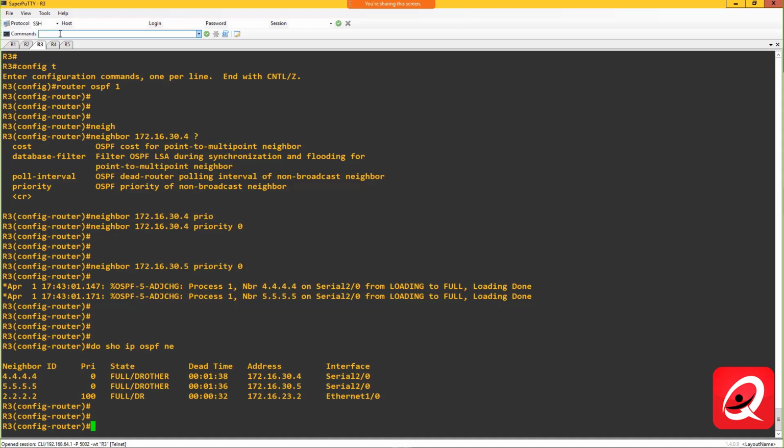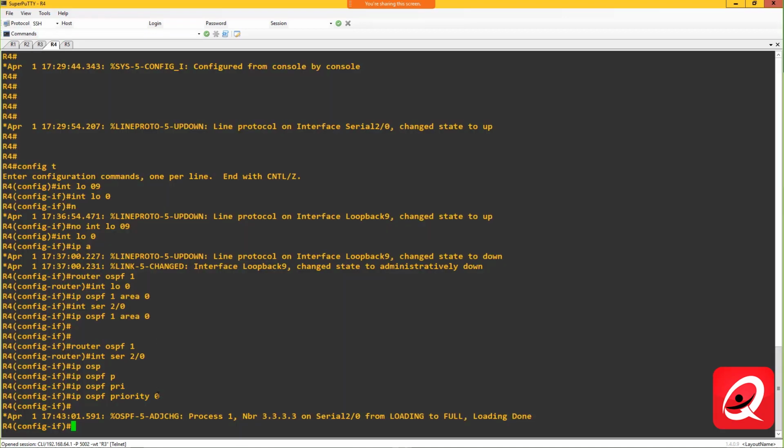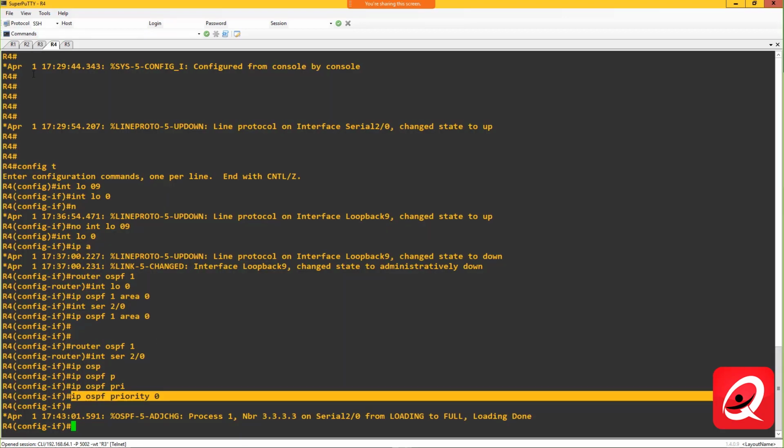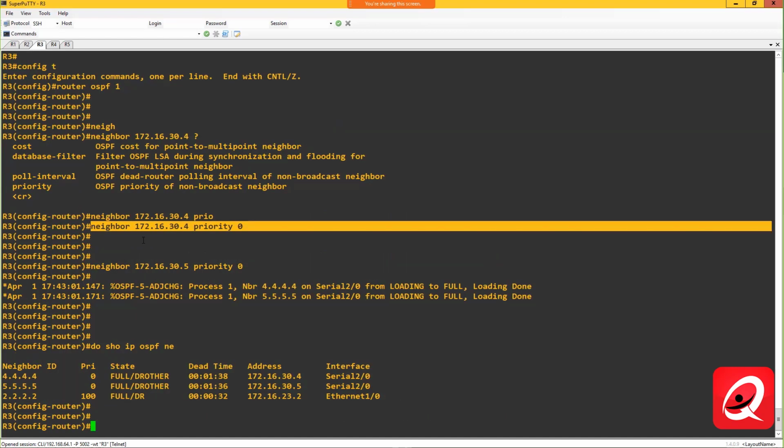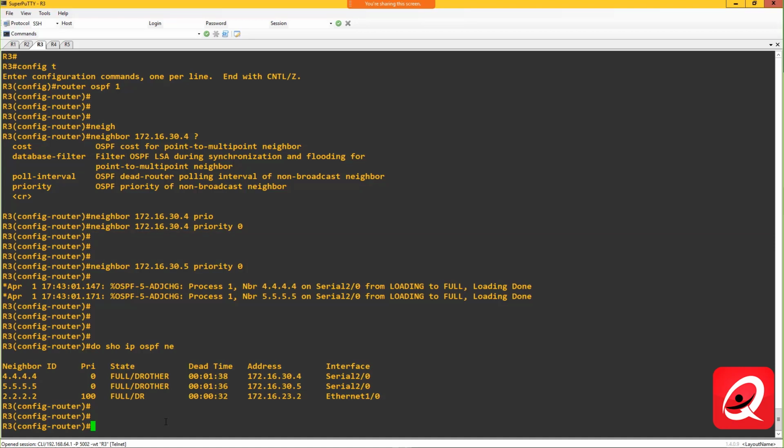I technically would not have had to go in here and set the priority to 0 on the interface because, based on router 3's configuration, when we identified the peers, we said this peer can only have a priority of 0, which means we're never going to look to that router to become the DR or the BDR. Honestly, in this type of scenario, I would say it's better to statically configure that on the interface as well.